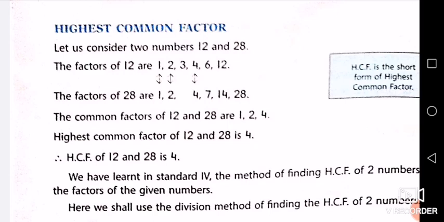Now how will we find the highest common factor? Highest means the greatest one or the biggest one. The highest common factor among all these common factors is 4. Therefore, HCF or highest common factor of 12 and 28 is 4.